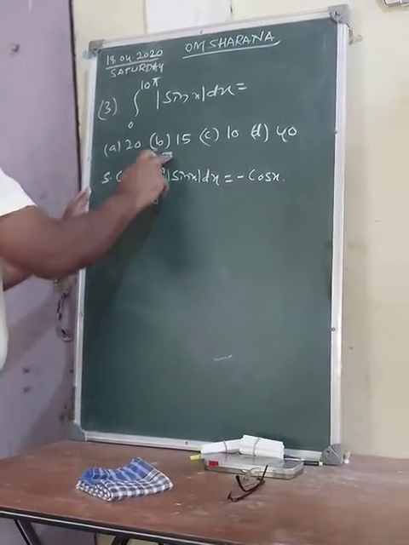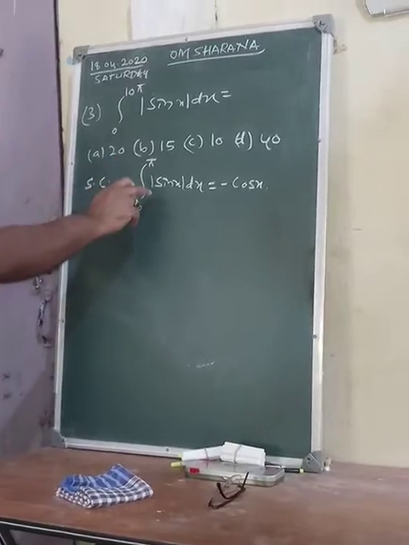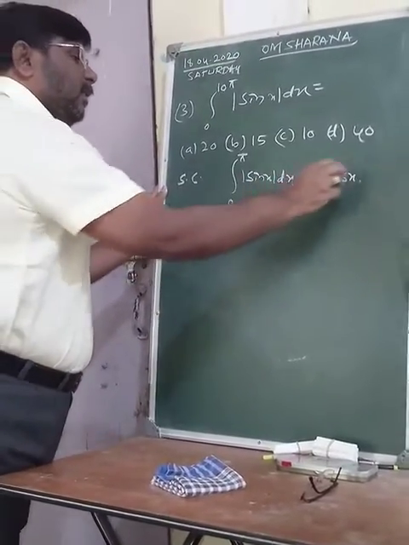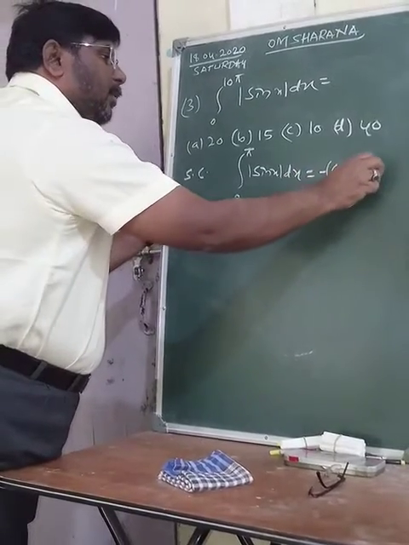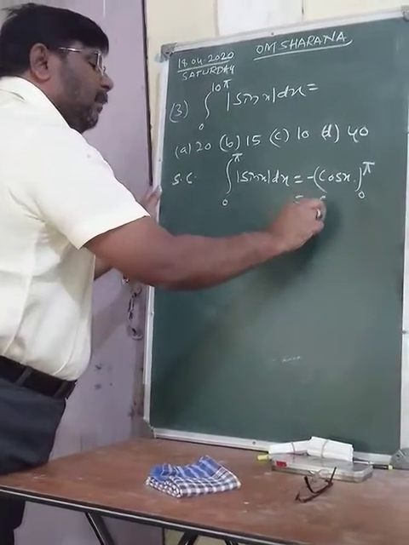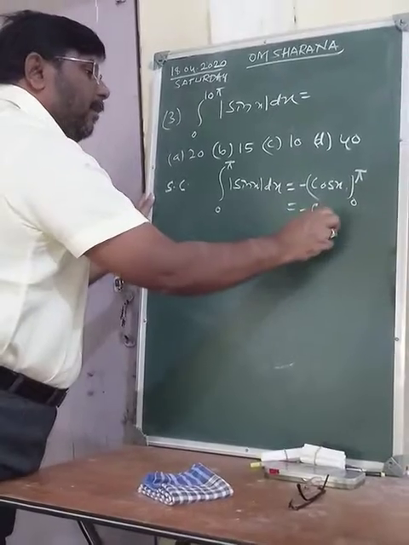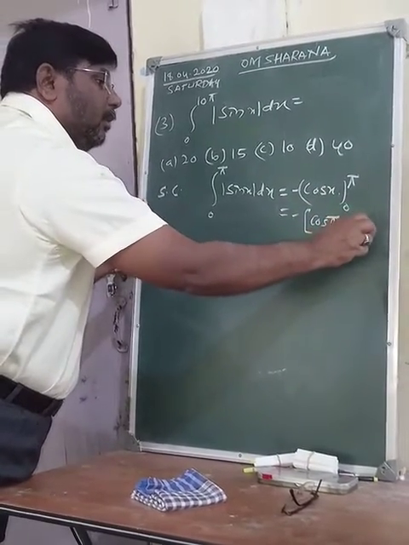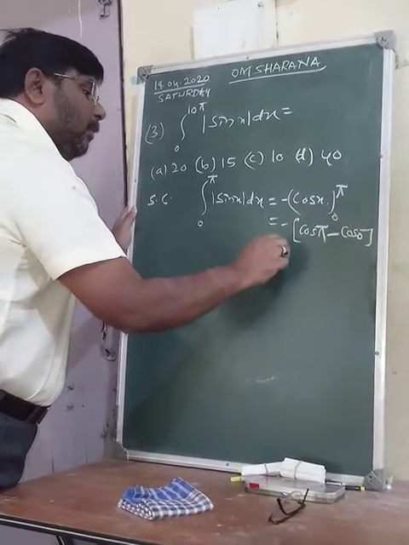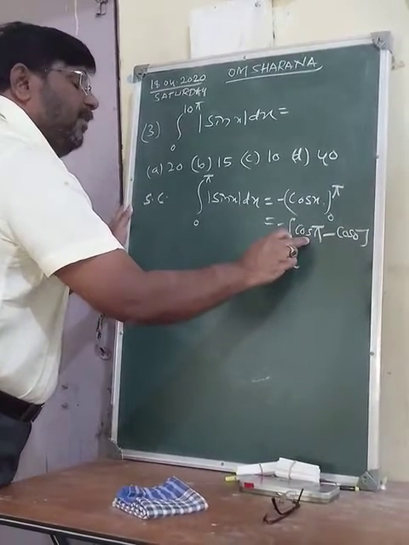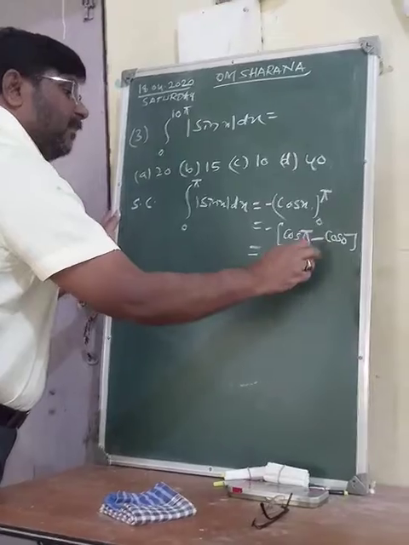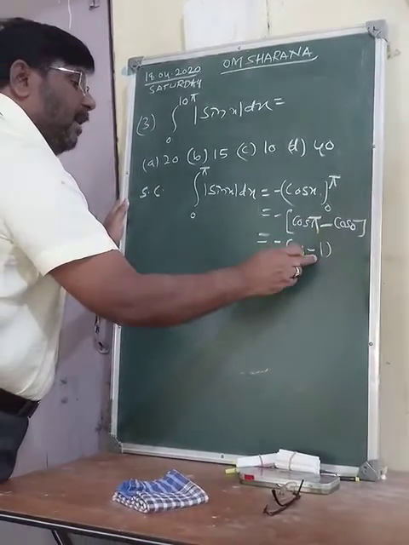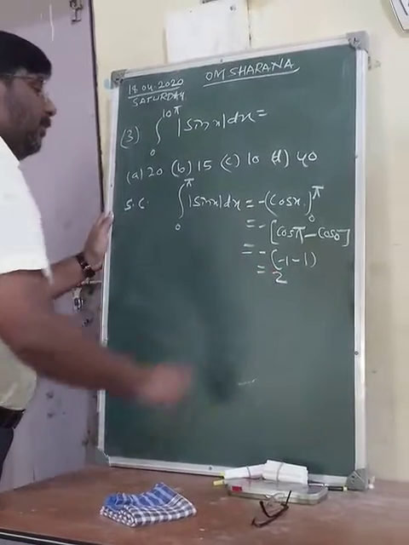So in 0 to pi, in this interval, sin is always positive in both the first and second quadrant. So 0 to pi, minus cos of the upper limit minus cos of 0, equal to minus cos of pi, which is minus 1, minus cos 0, which is 1, so minus 1 minus 1, minus 2, of minus, plus 2.